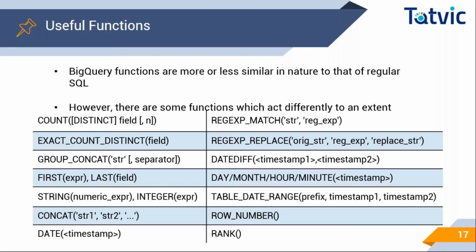Then I have date converters. Onto your right, you can see there are multiple date converters as well, date difference, and then I have day, month, hour, and minute, wherein I just need to pass in the timestamp, and it will return the particular month value, hour value, minute value, or whatnot. Right? I have row number.